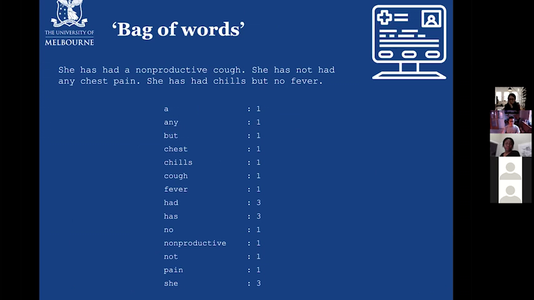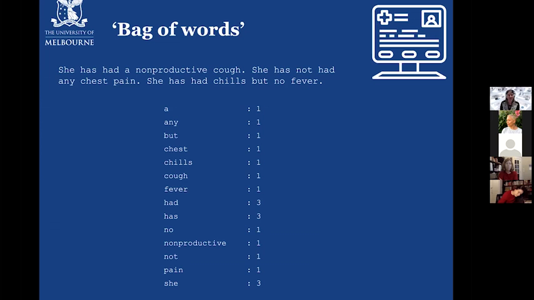This kind of model is very effective if all you're trying to do is get a sense of what's in the text. It turns out that it is useful for things like text classification. So if you're trying to understand whether a text relates to a general category of information, then this model can be quite useful.